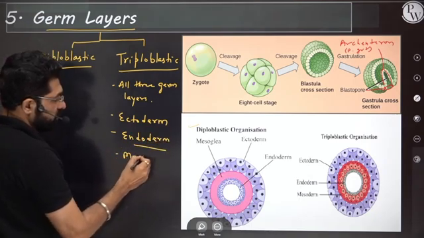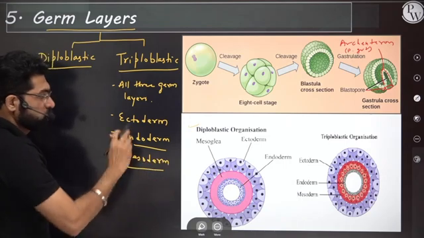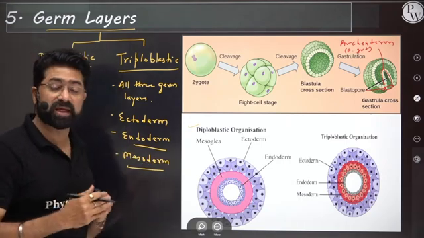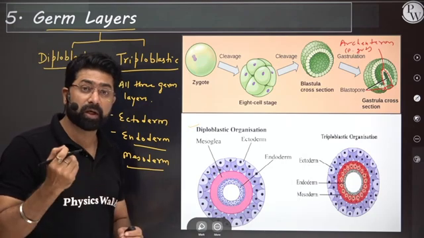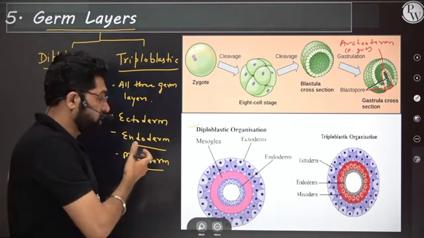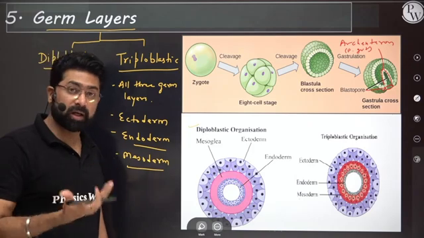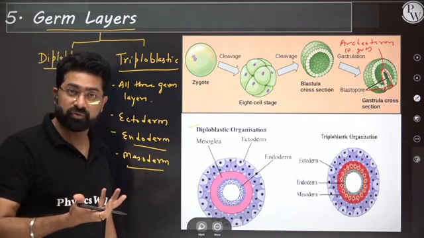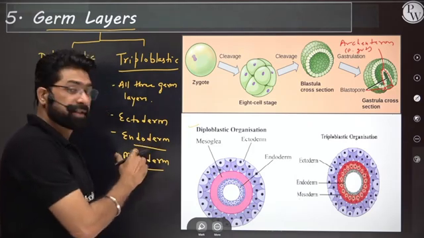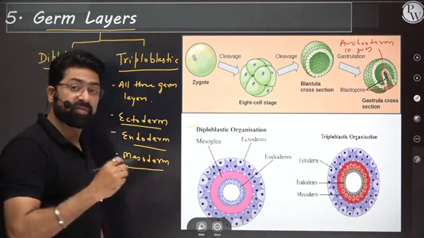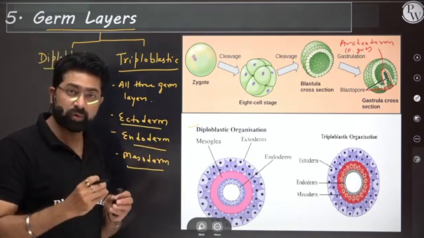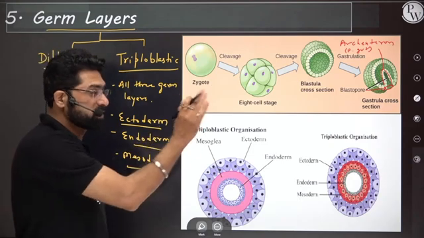And what is the future of these germ layers? These germ layers are going to form your organs. For example, your heart is made from mesoderm, your liver comes from endoderm, and your brain comes from ectoderm. So in that way, they have fate maps by which they have studied what structure is going to form from a particular germ layer.